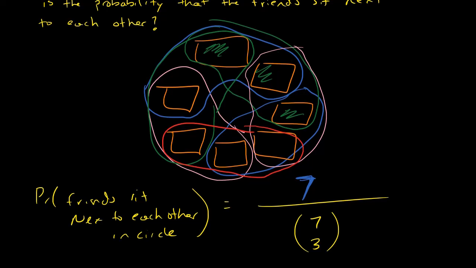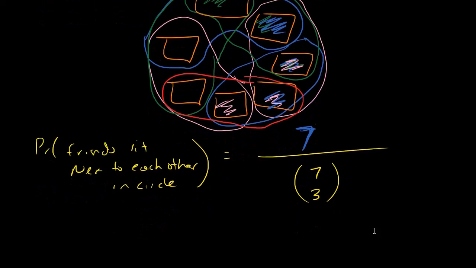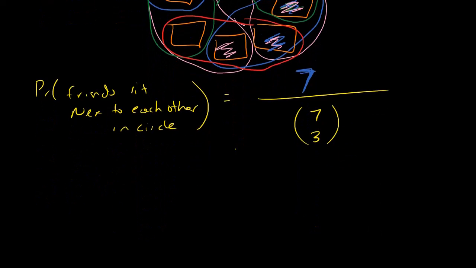They could start at the second chair and sit in this one, or this one. They could start at the 3rd chair and sit here, here, here. They could start at the 4th chair, etc. So every chair gets to be the starting point. So that's why we have 7 in the numerator, 7 different ways that the 3 friends could sit next to each other.